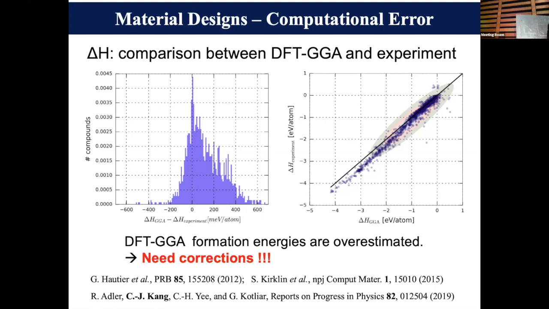Here, the x-axis shows the GGA formation energy, and the y-axis shows the experimental formation energy. The black solid line exhibits the perfect match between theory and experiment. Again, the computations are away from the perfect match line. It indicates that we need an empirical correction in the DFT formation energy.